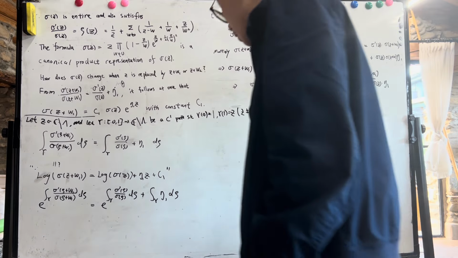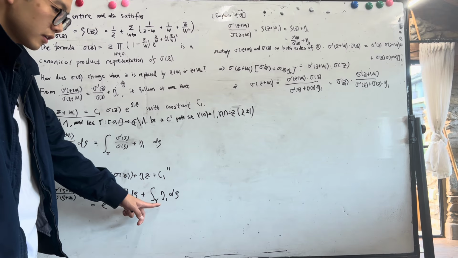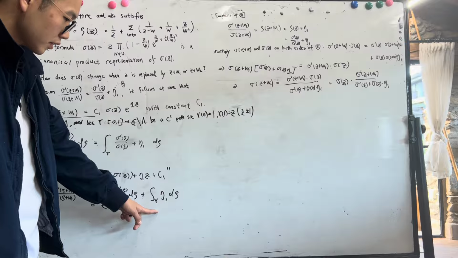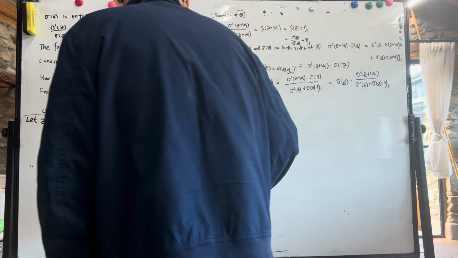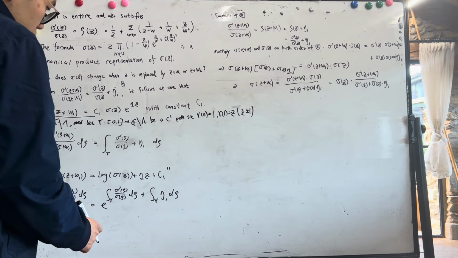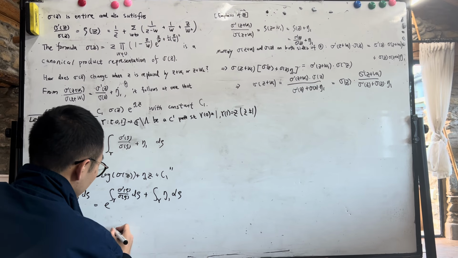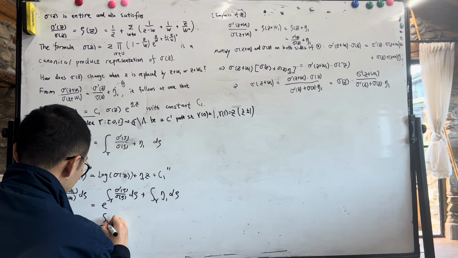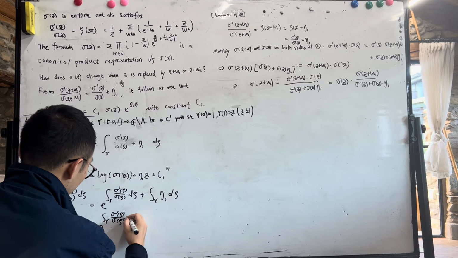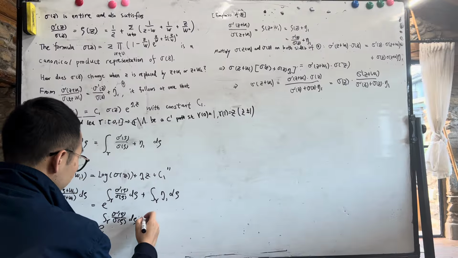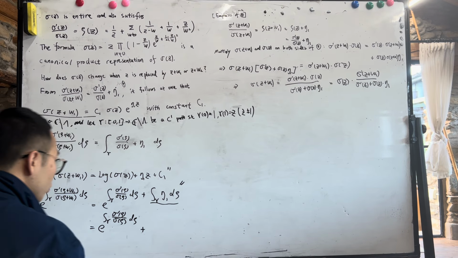So now, by the fundamental theorem of line integral, this is equal to just e to the integral over the line of sigma prime zeta over sigma zeta.